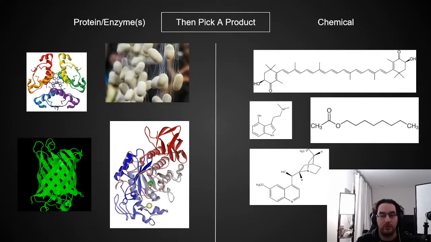If there's an industry that uses it, there's an argument for making it using synthetic biology. But ultimately, this is going to be a very personal choice. It's going to be whatever it is that you're interested in. And I can't make that decision for you. But ultimately, you just got to pick something. And once you've picked it, then you go through the process of figuring out, okay, is this even doable? But step one, just pick a thing.